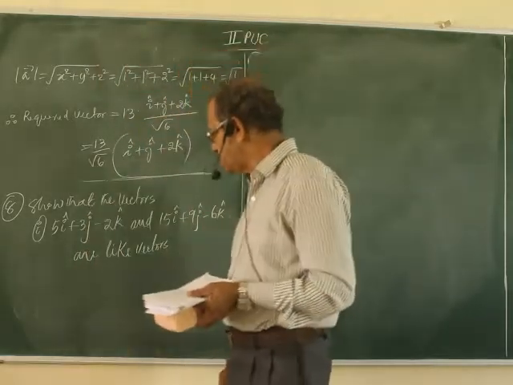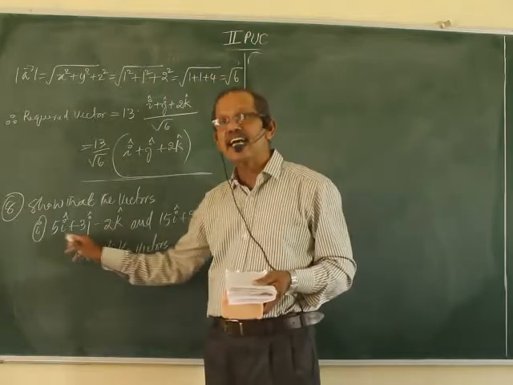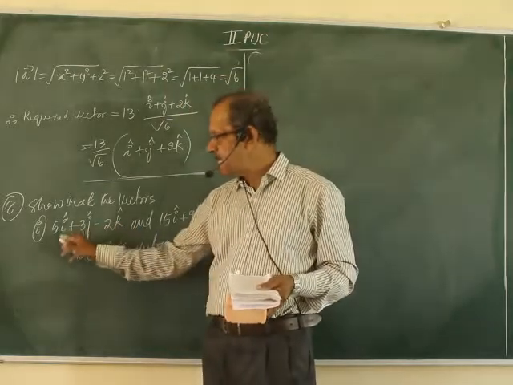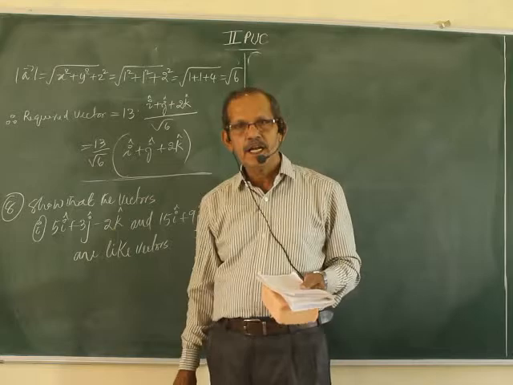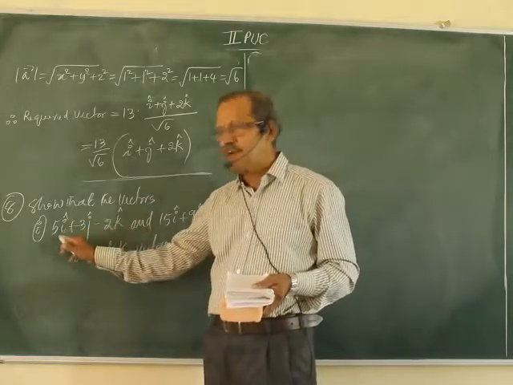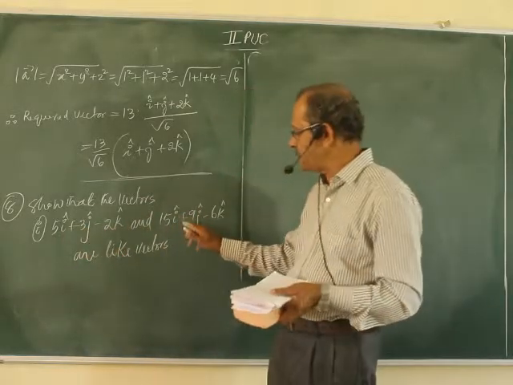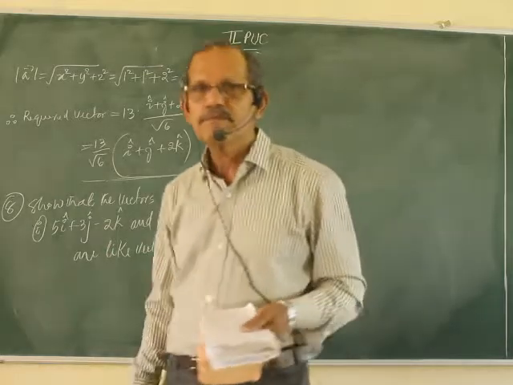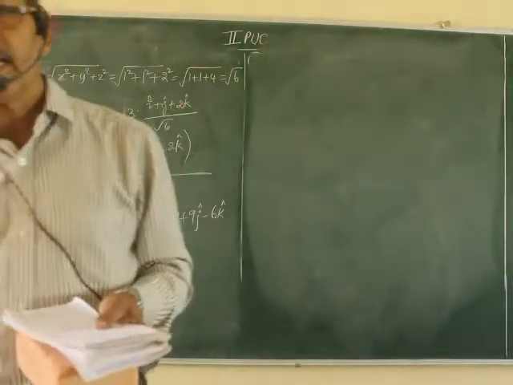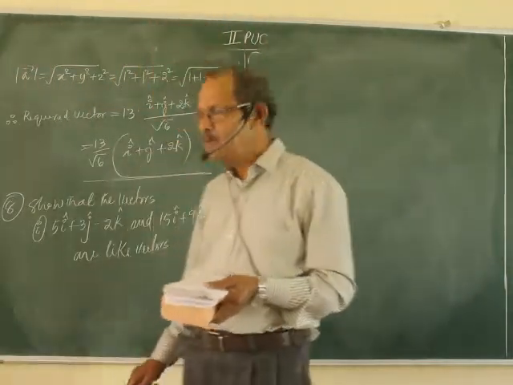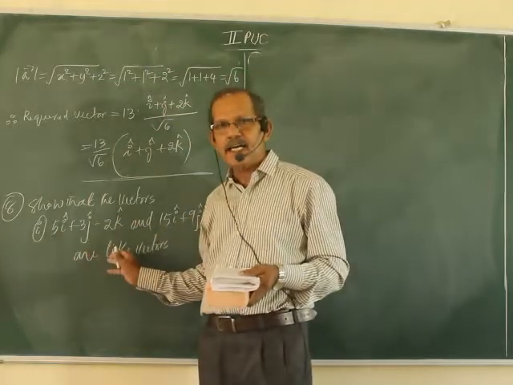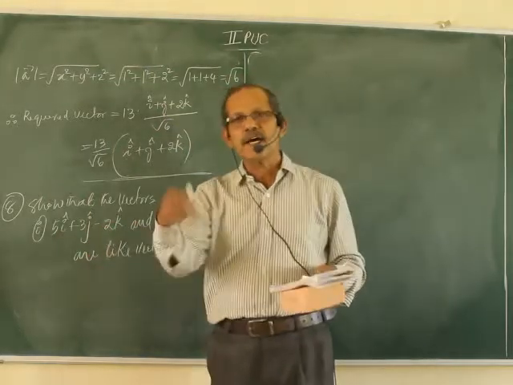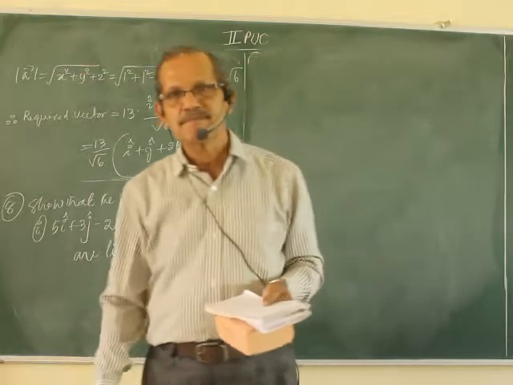One method is to find the direction angles, capital A, capital B, capital C. Whatever angles you obtain for this one will be the same as for this. If both have the same direction angles, then we say the direction of the vectors is the same.